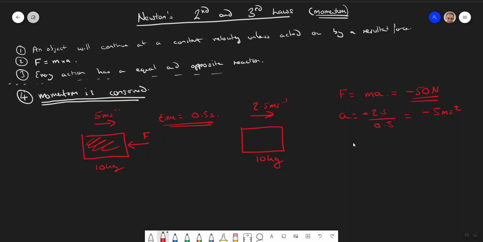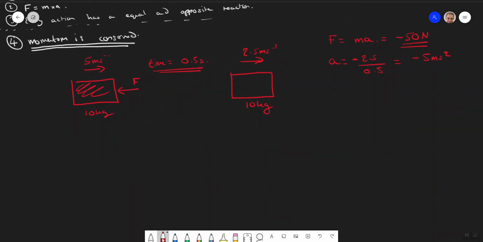This is straightforward. But let's now think of another block. Let's think of a blue block. It is stationary, going at 0 meters per second. It's also got a mass of 10 kilograms. I'm going to apply a force this way.